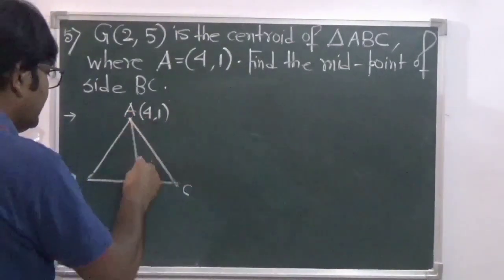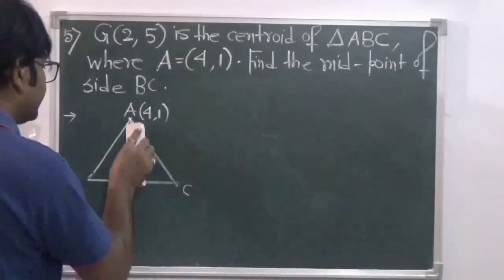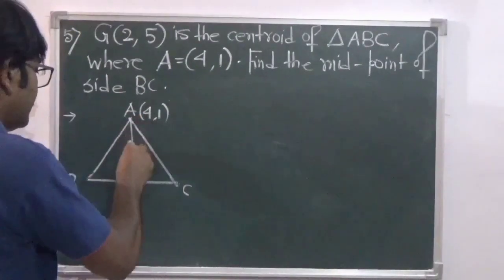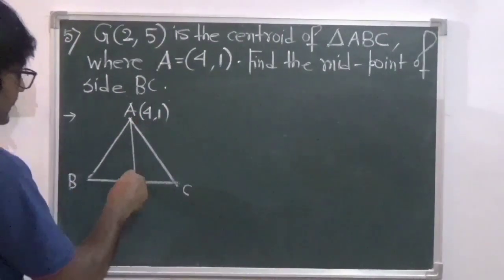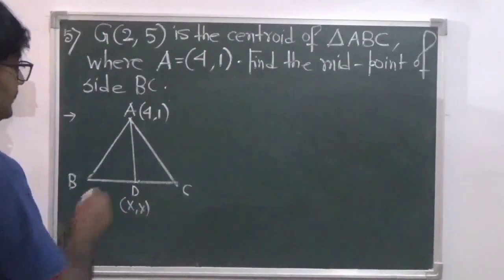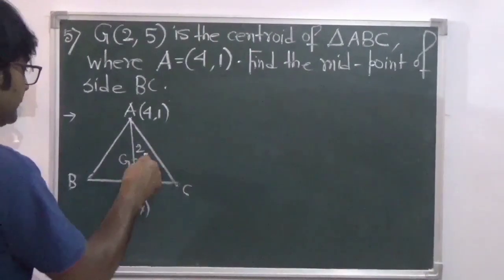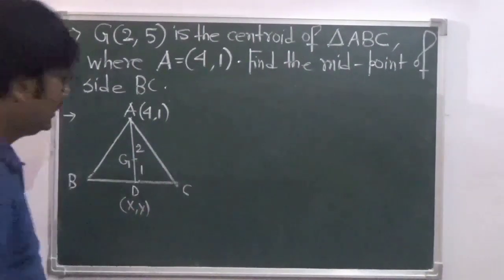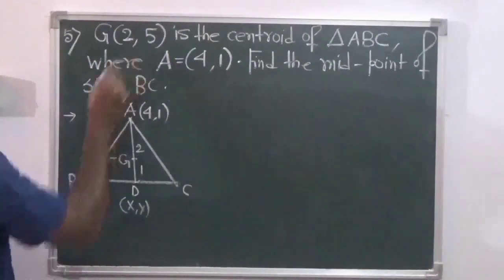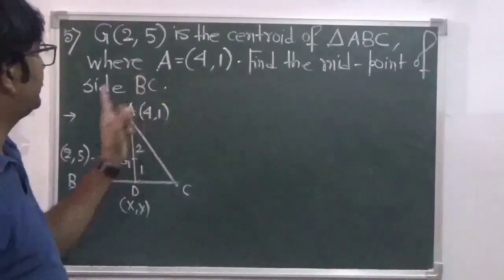Now if you join the midpoint of these sides, let this be D, and we need to find its coordinates (x, y). G is the point which divides the median in the ratio 2:1. We already know this, and the coordinates of G are (2, 5). So you need to find the midpoint of the side BC.